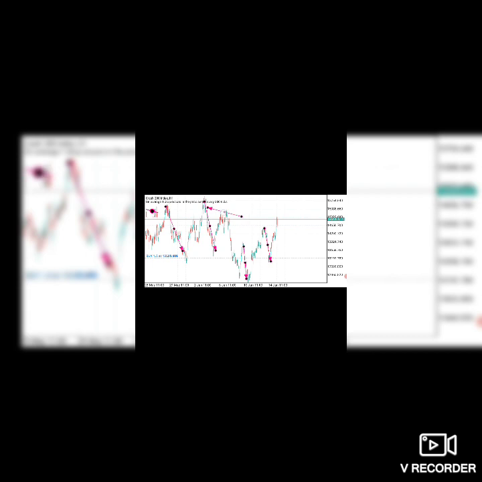Another way to do this is to go to M5. You can use M5. Just try to understand the trend of the market first. Make sure the market is trending in a downward direction. You can use M5 to H1, please, depending on how you can get the information.